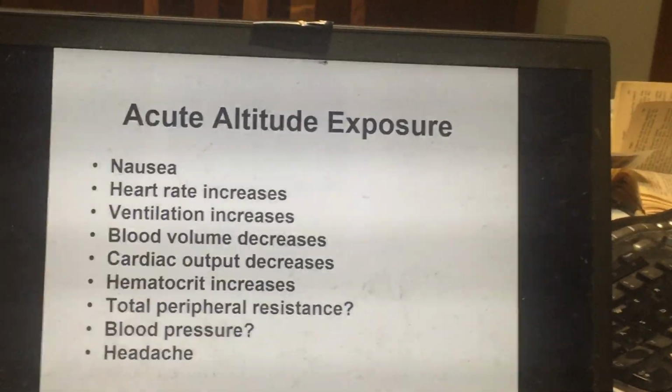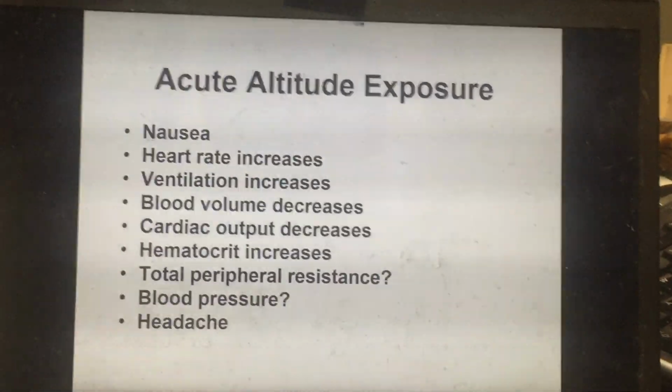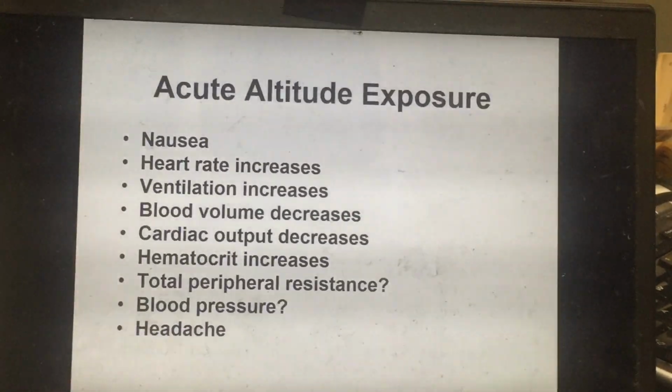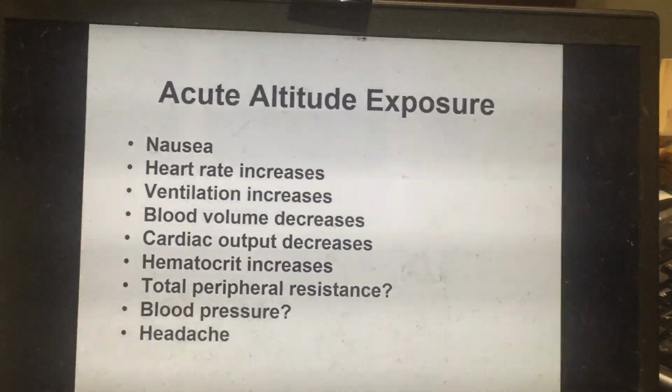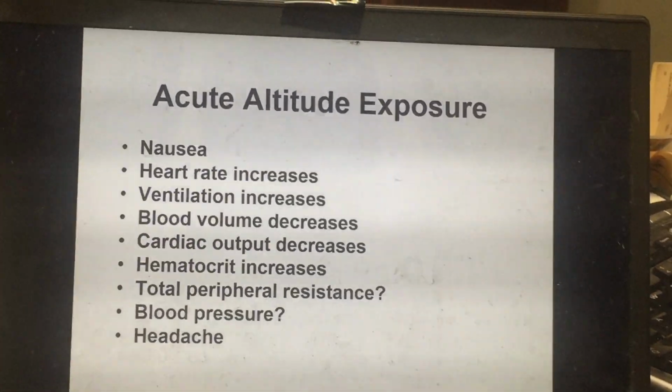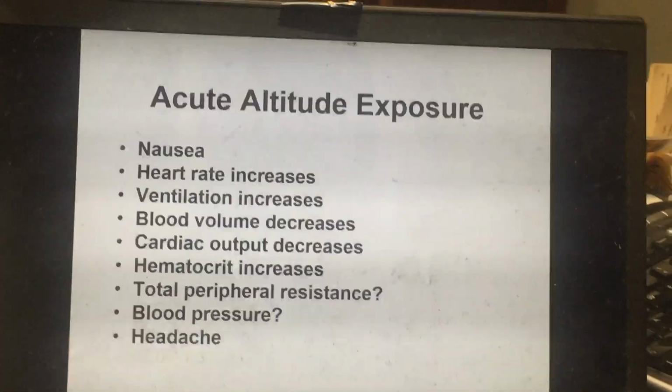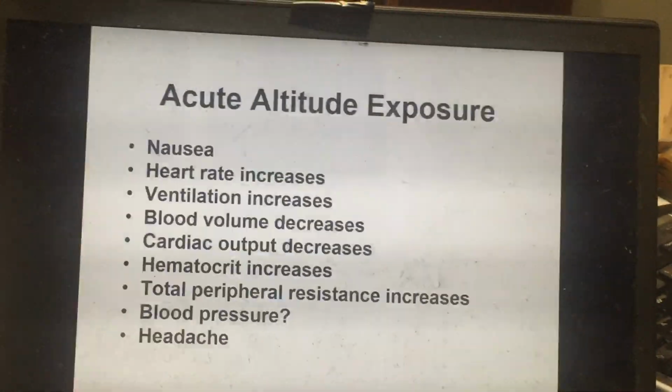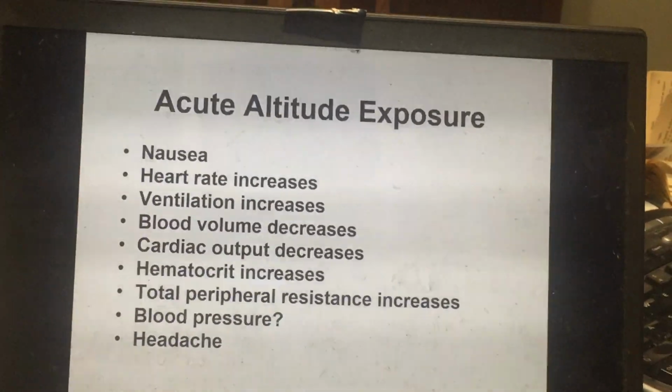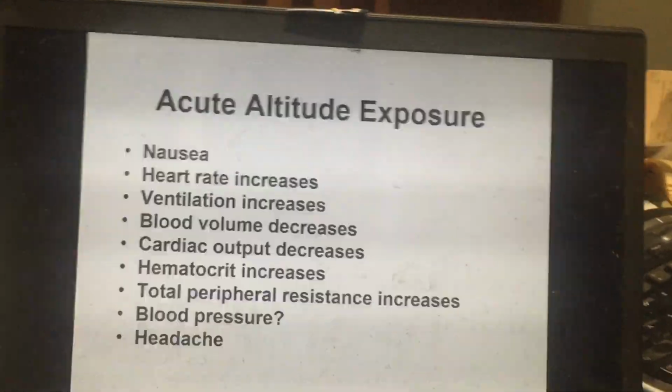As you probably know from previous sections in the course, when you get an increase in hematocrit, it makes your blood thicker, more viscous, and it makes it more difficult for that blood to flow through the vessels. So your total peripheral resistance increases dramatically when you go to altitude.